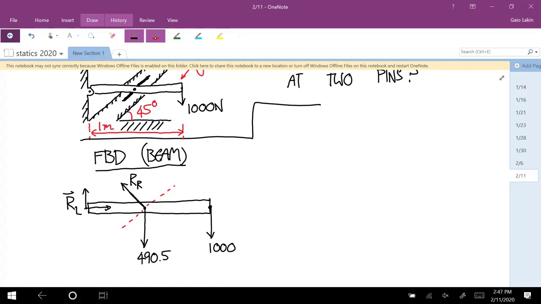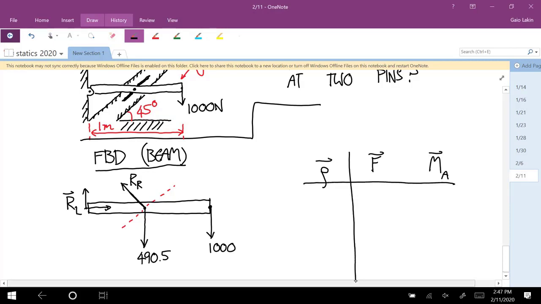And so now I'm going to write out this table: r, force, moment. All right, so we have to choose an about point. I'm going to choose this, but you could choose anything.